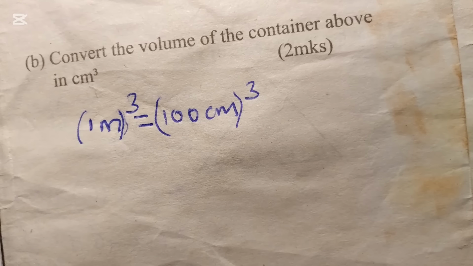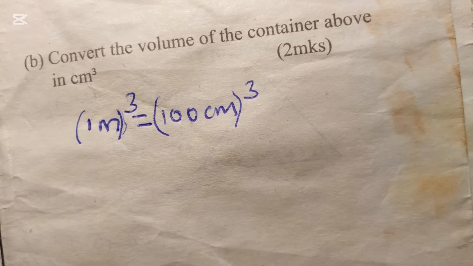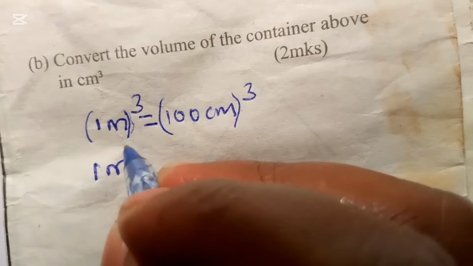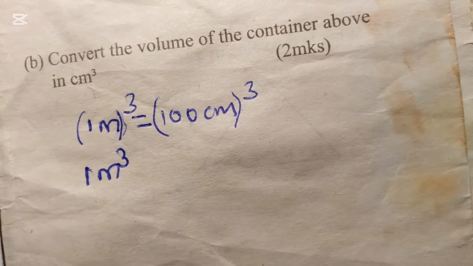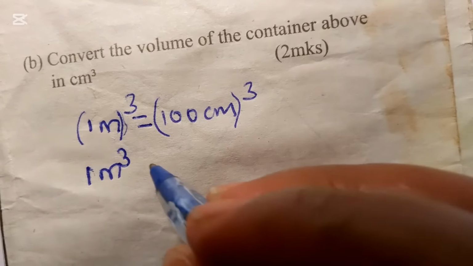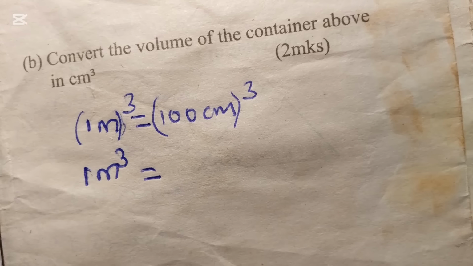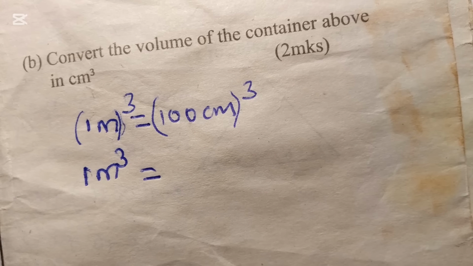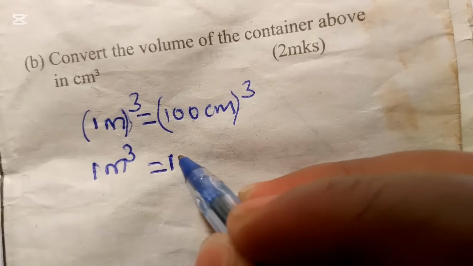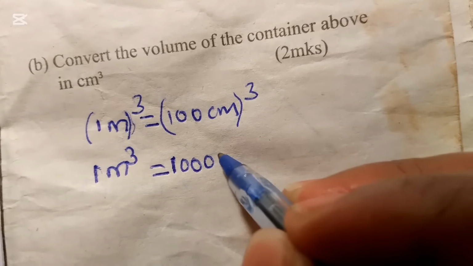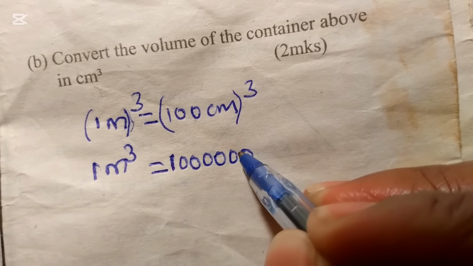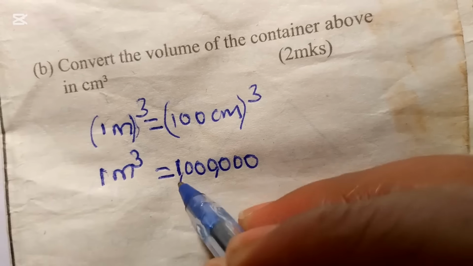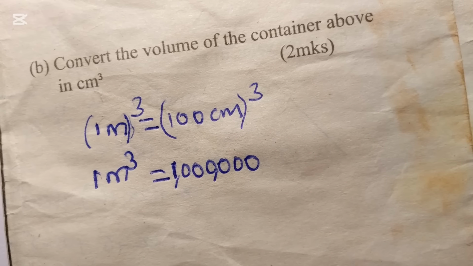Cubing 1, just 1 times 1 times 1, which is 1, and then we cube the meters, becomes cubic meter, will be equal to cubing 100, will be 100 times 100 times 100, will be 1, 2 zeros, again 2 zeros, again 2 zeros. That becomes 1 million.